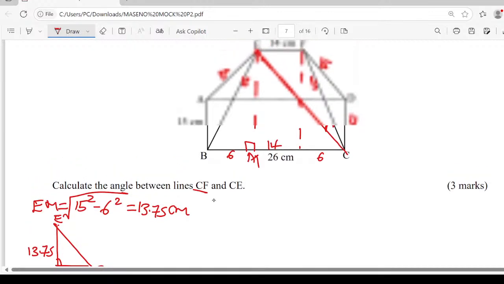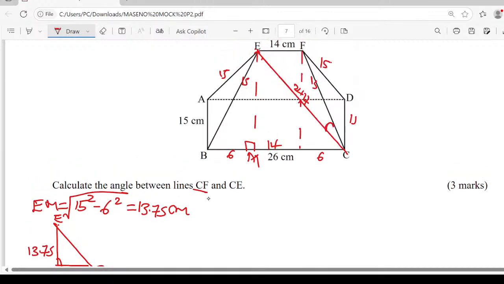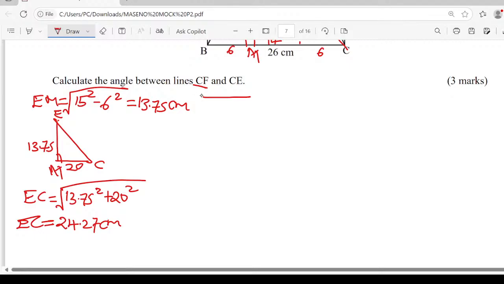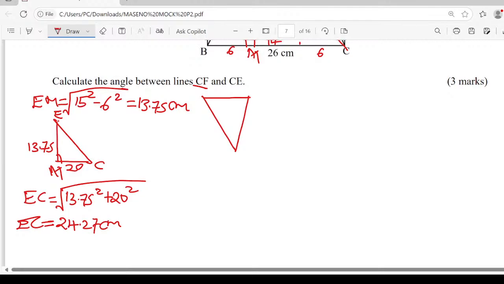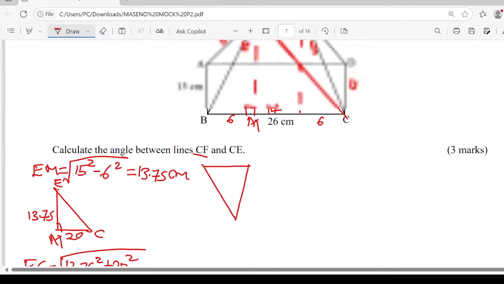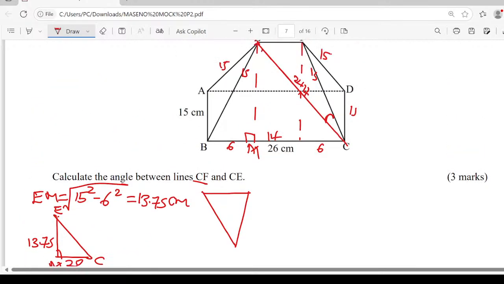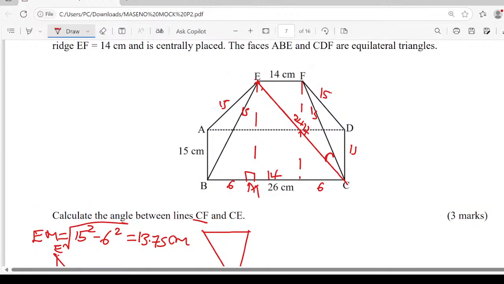Let me extract for you that triangle they are talking about, and tell you why. Have I drawn this well? This is C, this is E, F.